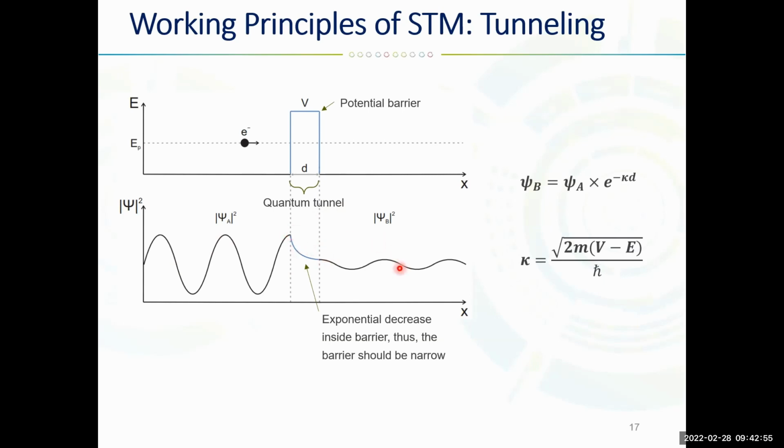If the barrier is thin enough, the probability function may extend into the next region through the barrier. And because of the small probability of an electron being on the other side of the barrier, given enough electrons, some will indeed move through this barrier and appear on the other side. When electrons move through the barrier in this fashion, it is called tunneling.